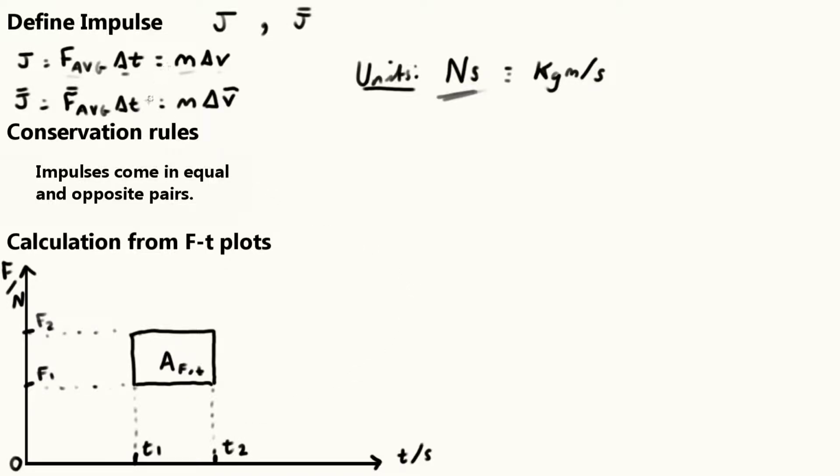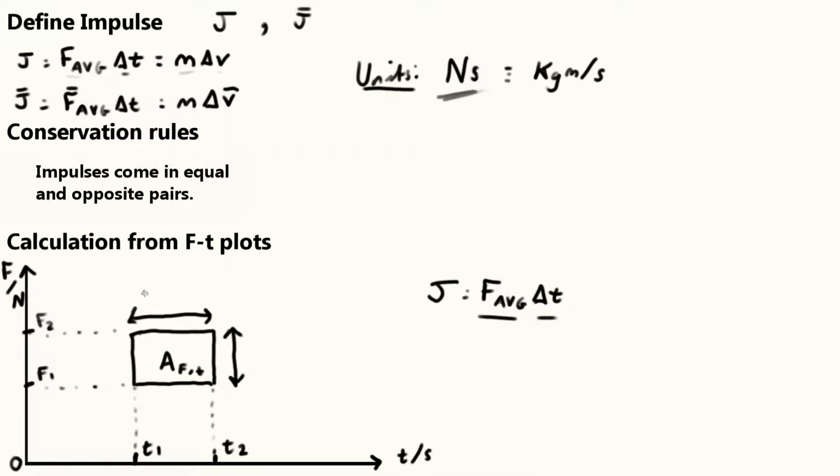Now we know from the top of this page that the impulse J is equal to the average force times the change in time. As you can see, the impulse is equal to a force multiplied by a time. If we wanted to work out the area of this square, then we would have two quantities.